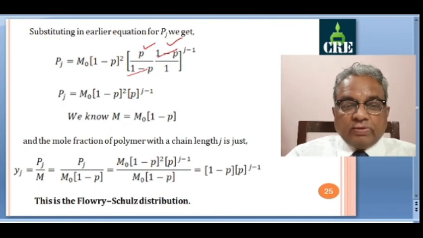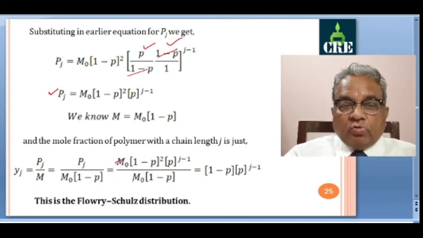So M is substituted as M0 into 1 minus P. Pj is M0 into bracket 1 minus P squared into P raised to J minus 1. Same Pj I have written here.